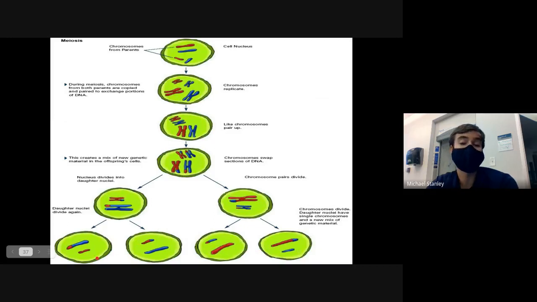So that's what meiosis is all about, taking that original diploid cell and fully splitting up the DNA so that we have 4 haploid cells that hopefully will eventually go on, fertilize an egg or a sperm, and turn into a new zygote, which can grow into a new organism.